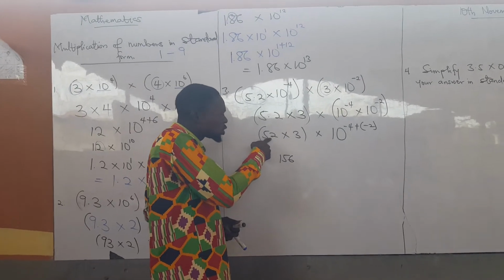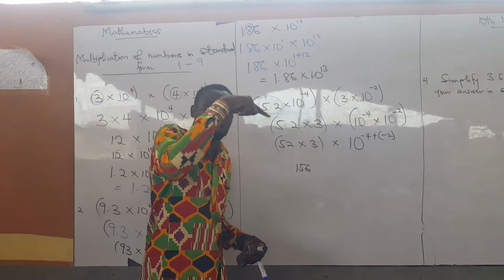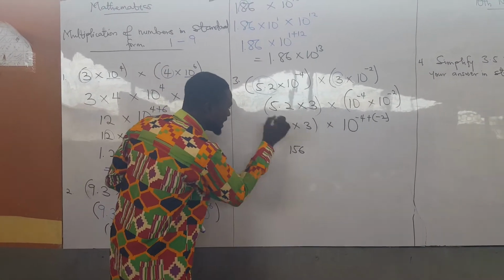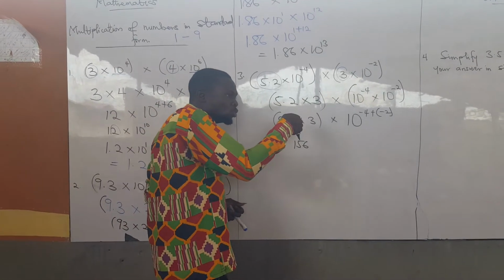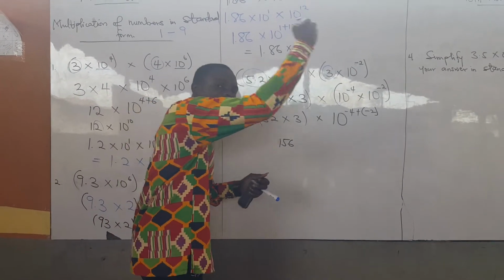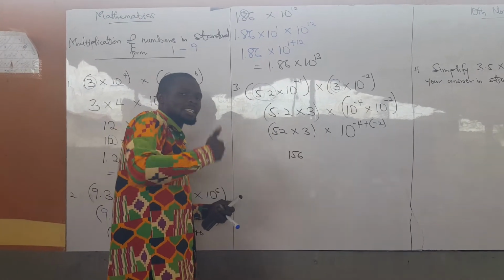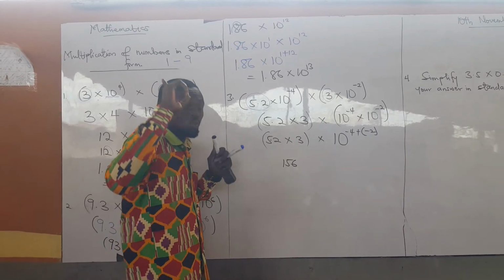And now this was not 52 from the question. From the question, it was 5.2, and we took off the decimal point. So looking at this 5.2, how many numbers are after the decimal point? It is 1.